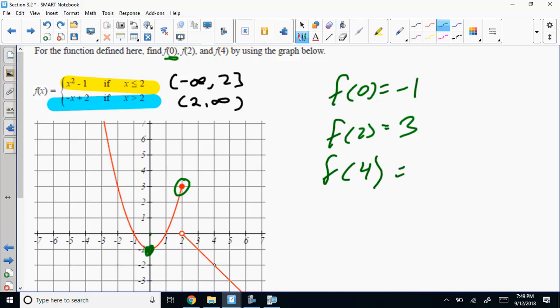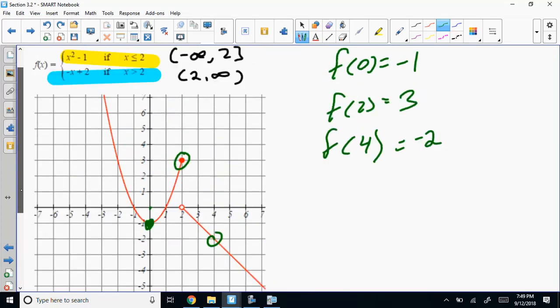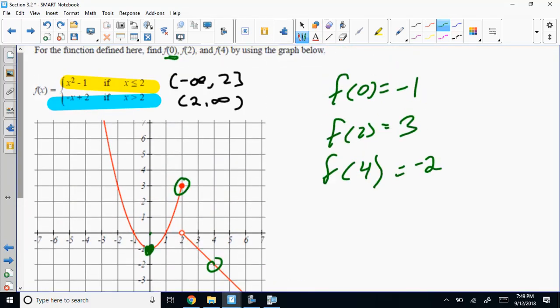Go to 4, boom, there you go. That's negative 2. And that's what it's asking you to do, is it not? They give you a graph, you can pull that off. Go to that value on x, look up or down, see where the graph is. Questions? Wasn't as difficult as you thought it was going to be, right?